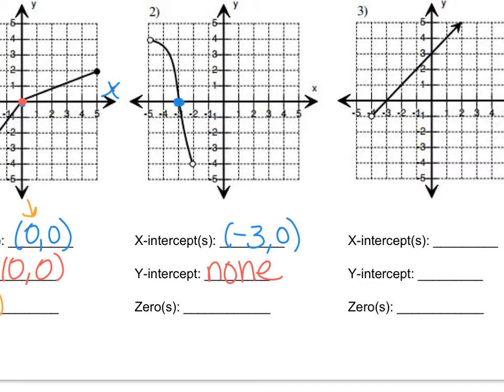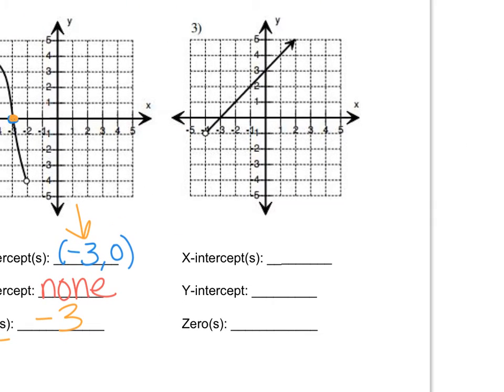There's none. And then we have our zero here, and our zero, remember, is the x value of our x-intercept, so our zero is -3. In other words, this is the value when the function is 0. It's not positive, which is up here, nor is it negative here. So at -3, our function has a value of 0.